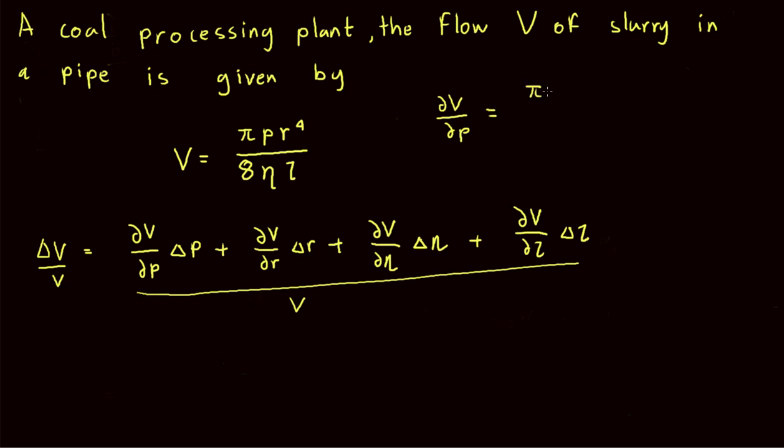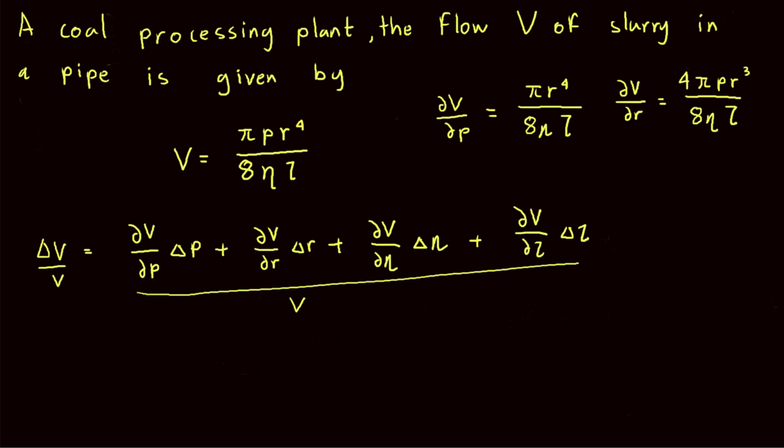It's just simply pi r to the power of 4 over 8 nu L. Then we have del V over del R, same stuff, it's just 4 pi P r cubed over 8 nu L.